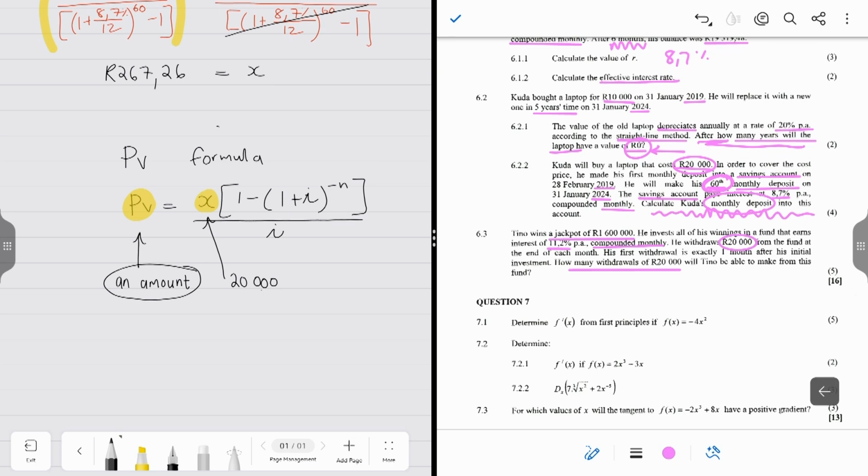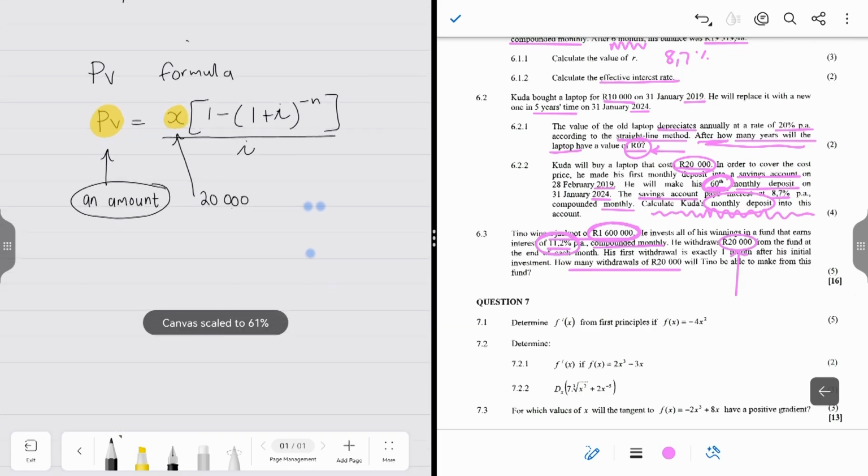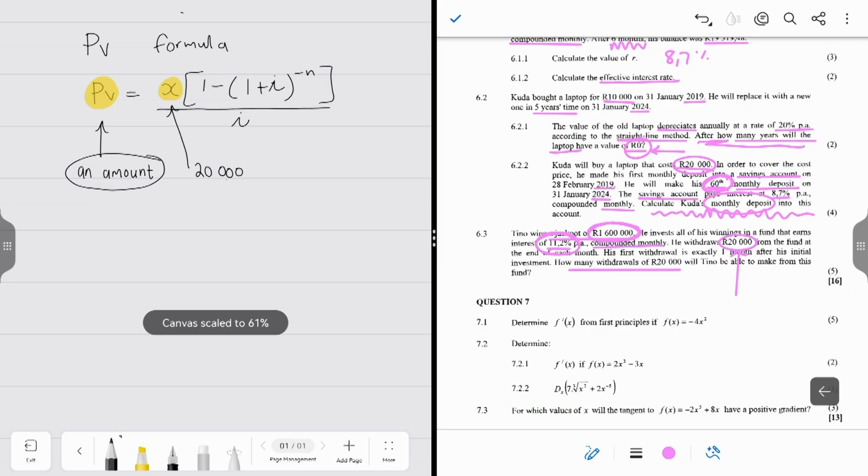Because remember, Tino invested his winnings, but he's drawing out 20,000. So the money is getting less because he's taking 20,000 out, but it is still growing in interest, just like a loan would. And so that is why we are going to use the PV formula for this question.